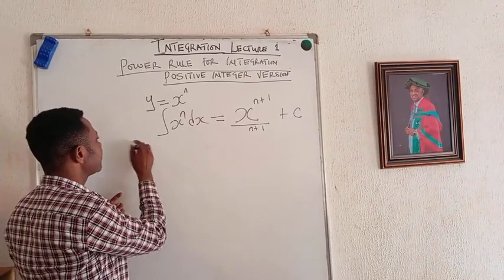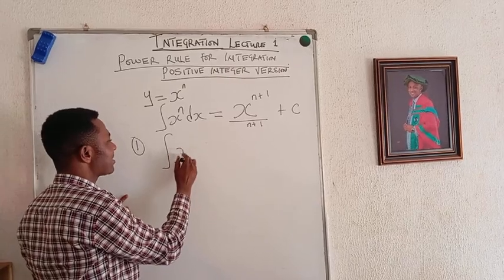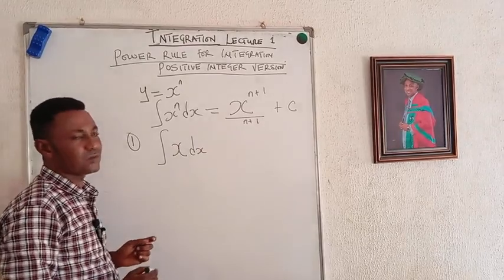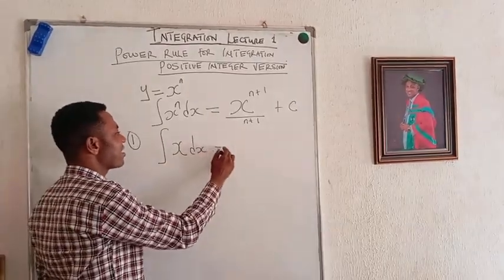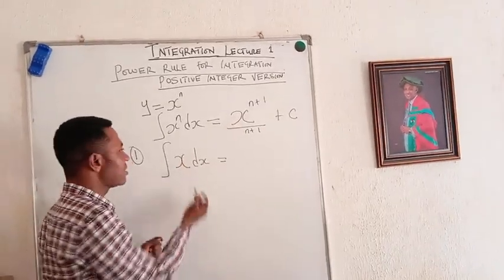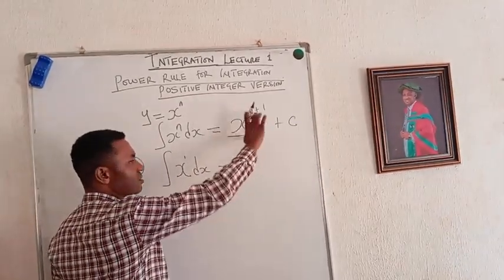Example 1: integrate x dx. When you check very well, the power here is 1, though it's not showing. So we use this rule.